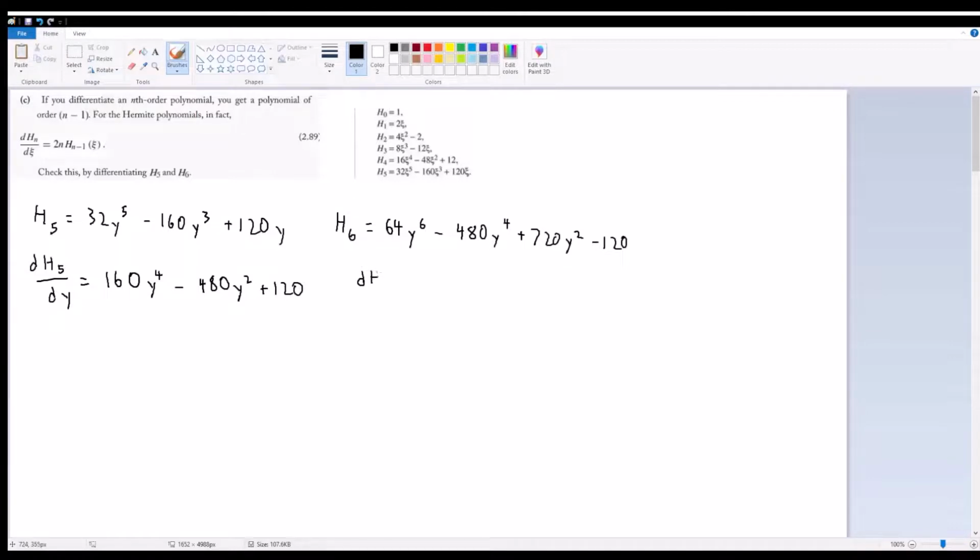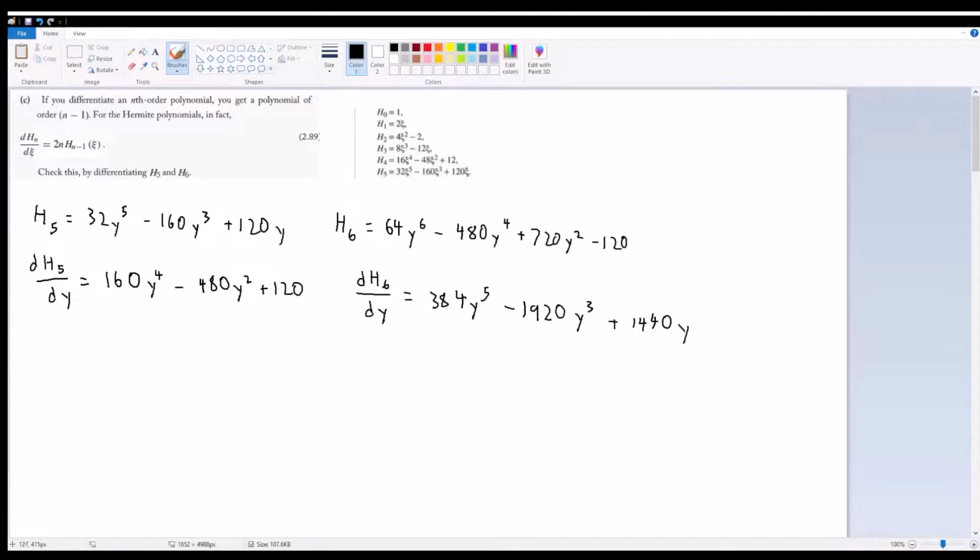And dh6 with respect to y is going to give us 384y to the fifth minus 1920y cubed plus 1440y, and then the 120 is just nothing. Okay, so these are the manual derivatives.